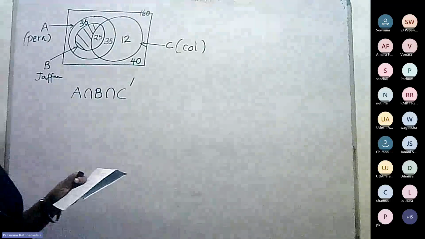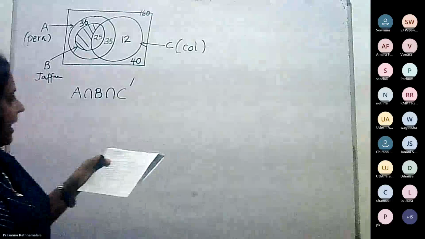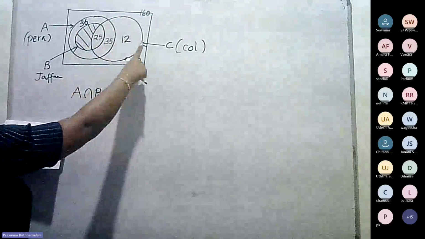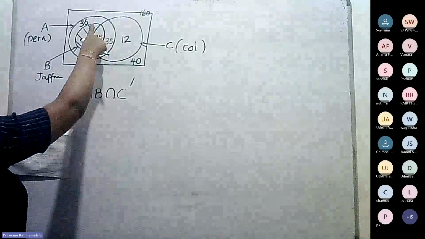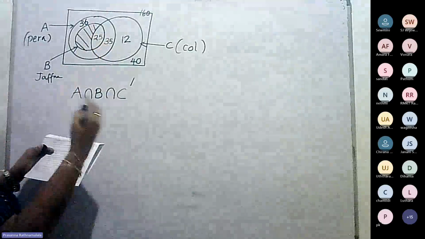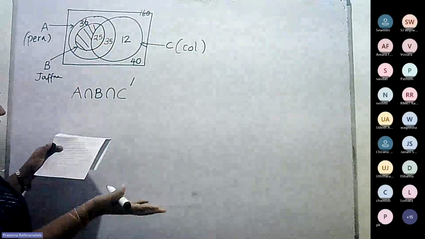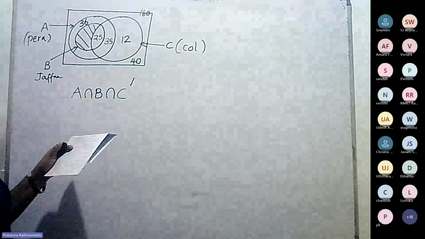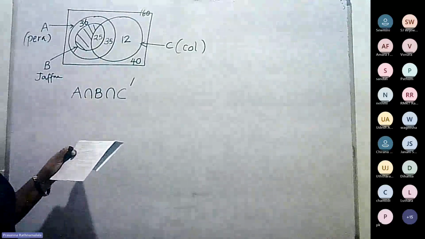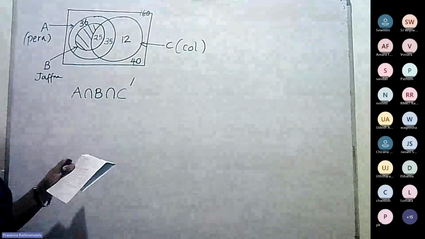Next one. Describe the region A intersect C intersect B complement, again except B, does not belong to B, in words, and find the number of students belonging to that region.